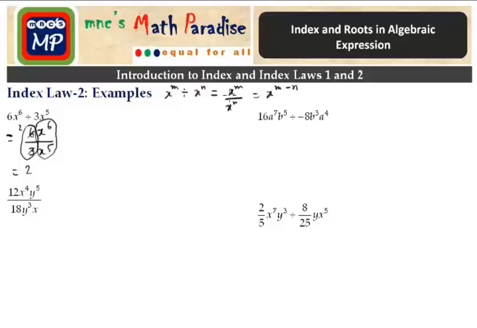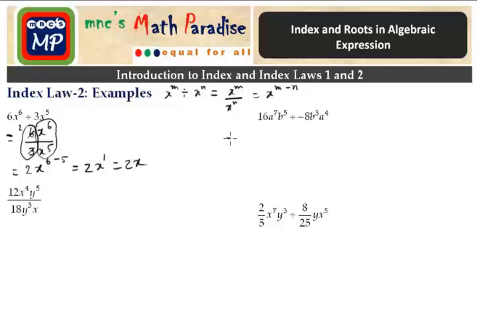So when two same base numbers divide each other, the denominator's power is subtracted from the numerator's power. So here x to the power 6, x to the power 5, the base will remain x, but the numerator's power is 6 and the denominator's power is 5, so 6 minus 5. So we can write 6 minus 5 is 1, x to the power 1, and x to the power 1 means actually only x.